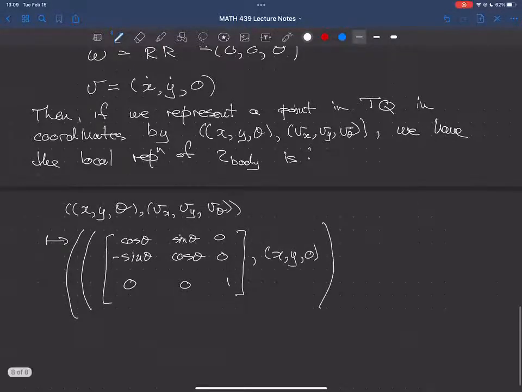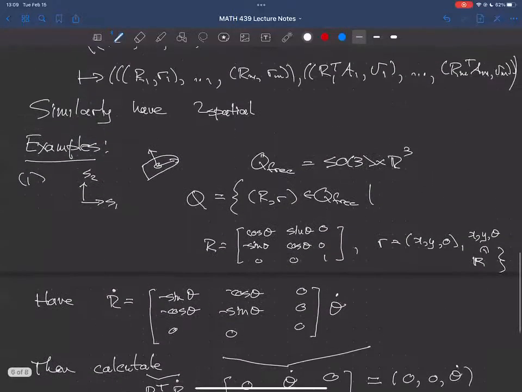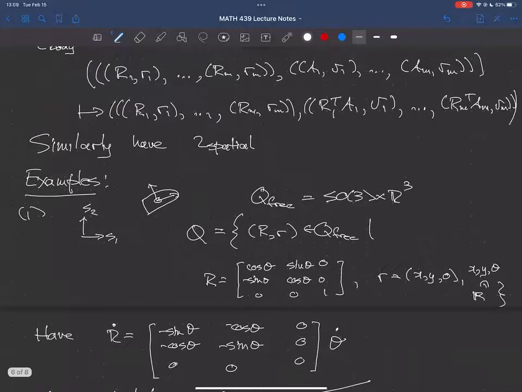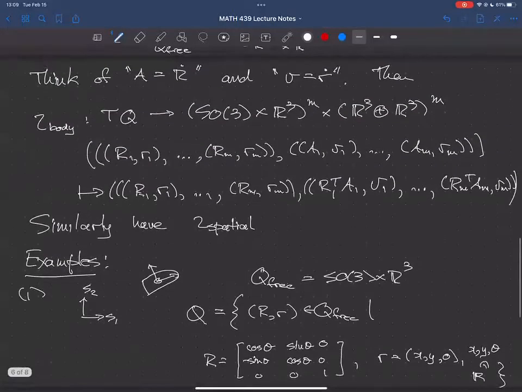Sorry, I did this again up here. I apologize. I meant to check these. These should be vectors in R3. We're doing the unhatted versions of those.